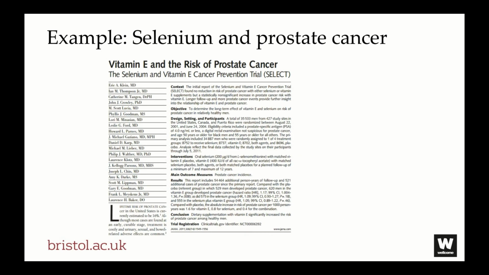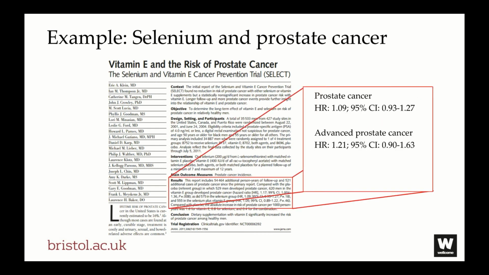So this is just an excerpt of the abstract from that first trial paper. First of all, it was supposed to run for 12 years. It was actually stopped after 7, and it cost about $114 million, something like that.